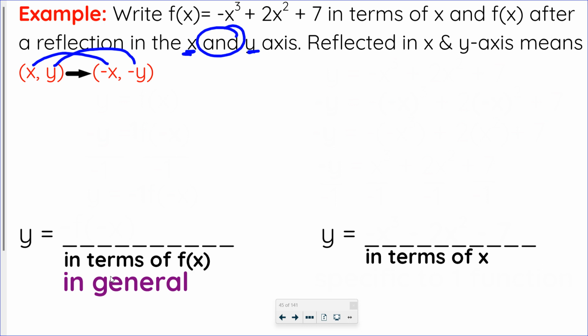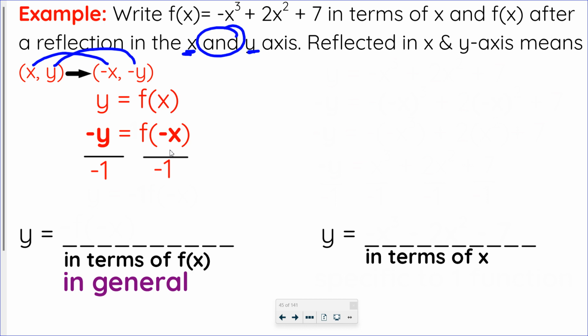That just means in general for any function. So we'll start with y equals f of x. We're going to replace our x with negative x and our y with negative y. So I end up with negative y equals f of negative x. Now I don't want a negative y equals equation. I want a y equals equation. So I'm going to divide both sides of the equation by negative 1. On this side here, I have negative y divided by negative 1, which is just positive y.